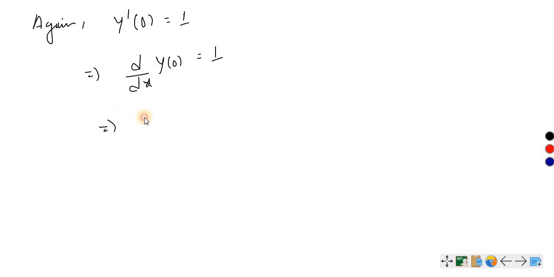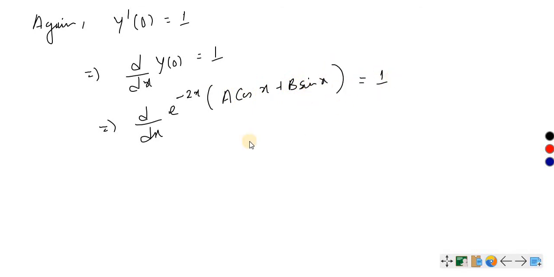So differentiation of y is e to the power, sorry, I'm writing alpha here, it was minus 2x, into a cos x plus b sin x, equals 1, and I will be putting here x equals 0.